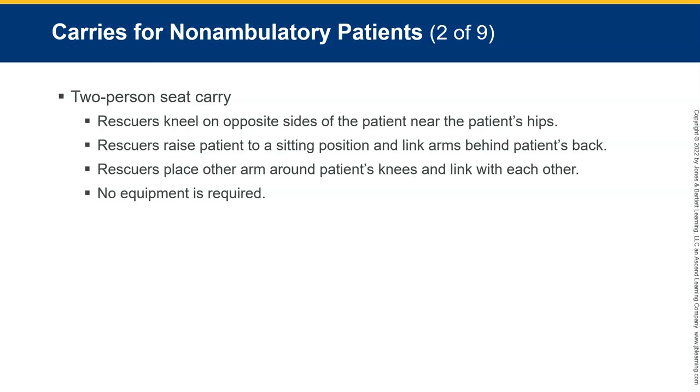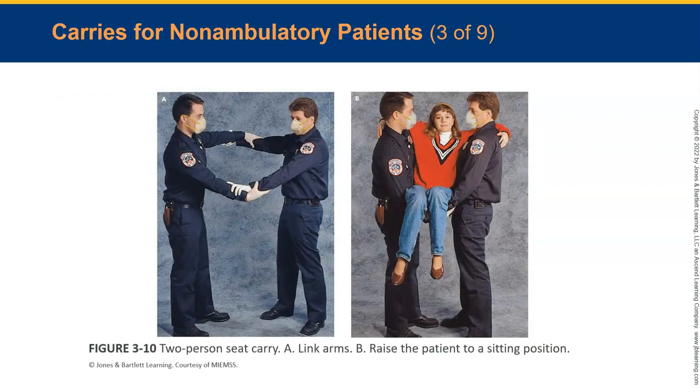Then you place your other arm under the patient's knees and link with each other. If possible, the patient puts his or her arms around the necks and shoulders of the rescuers for additional support. It takes a little weight off their arms and makes it a little more stable, like what you're seeing here.